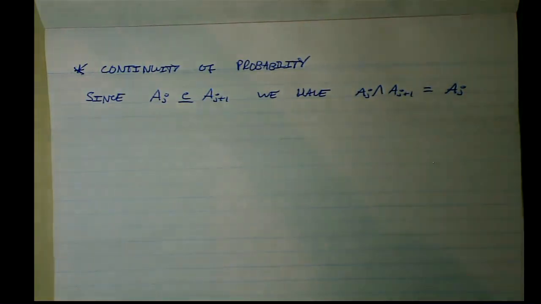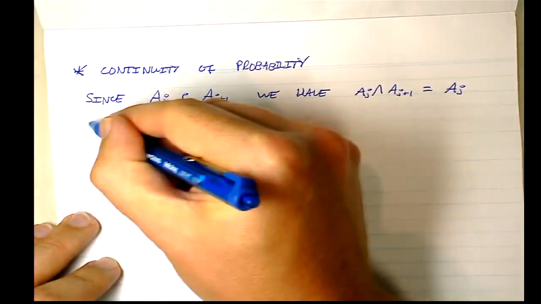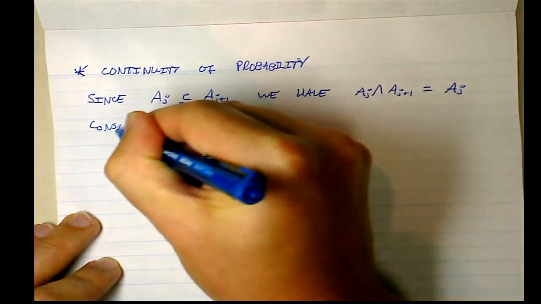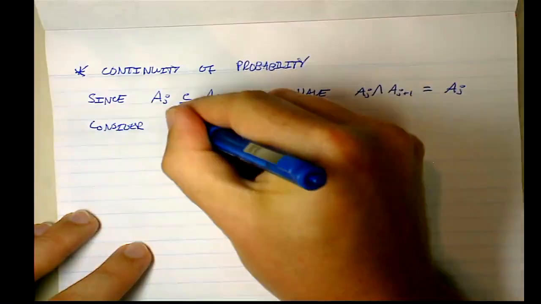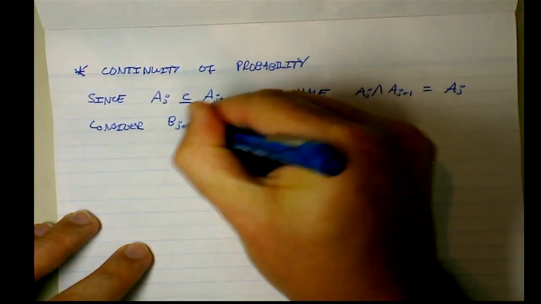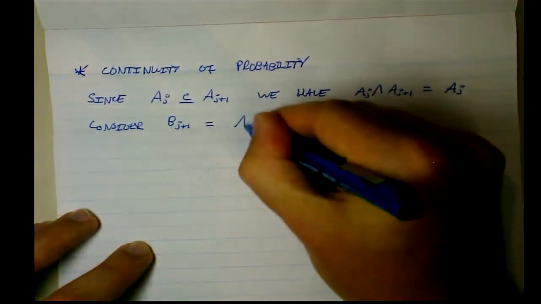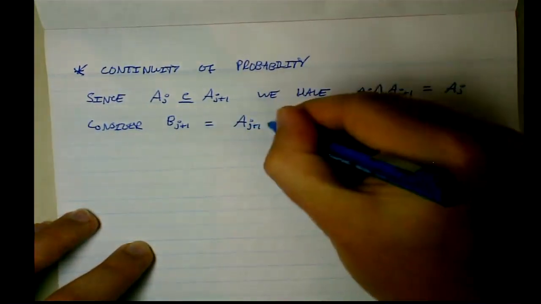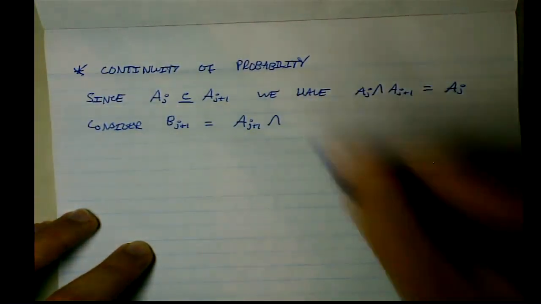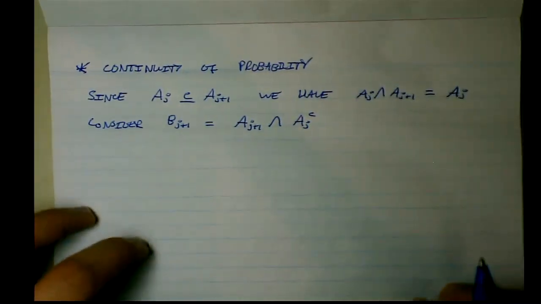All right, now let us define a different event. Let us consider Bj plus 1, which is going to be Aj plus 1 intersected with Aj complement.